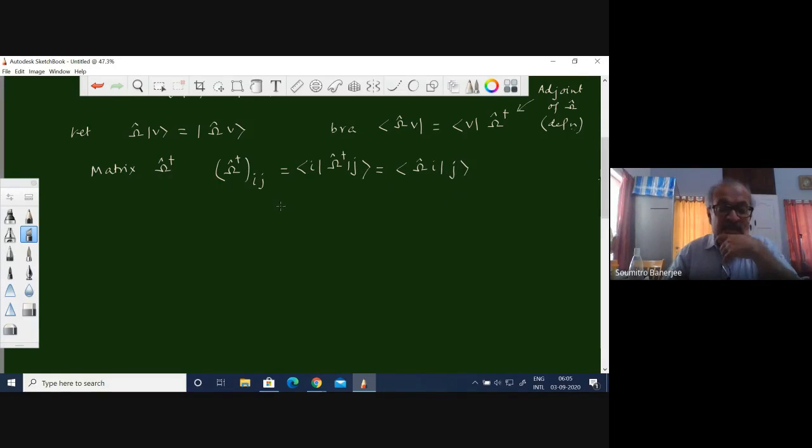And then, since omega is a Hermitian matrix, it can be brought to this side. Or no, what I'll do is just change positions, and if you change position, you have to put a star. So I'll change position: j omega i, it will be star, right? I'm just changing position, then it will be the conjugate.